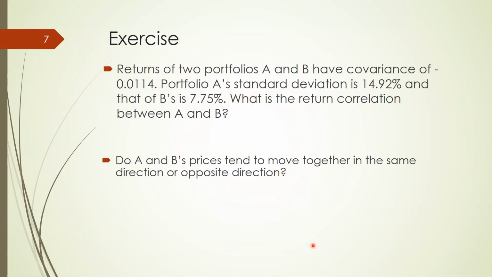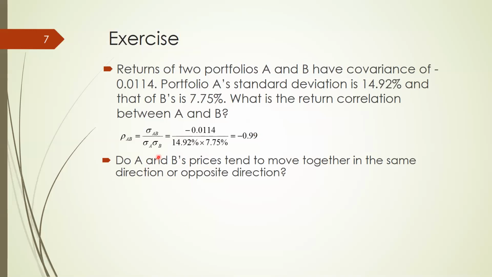For example, if we have two portfolios A and B having a covariance of negative 0.114, and we know the standard deviation of A and standard deviation of B, what is the return correlation coefficient rho AB?